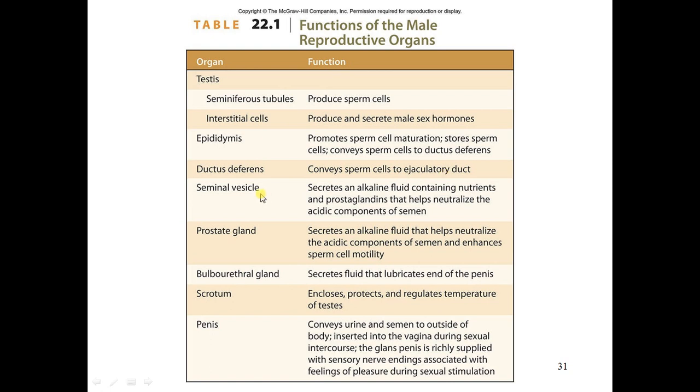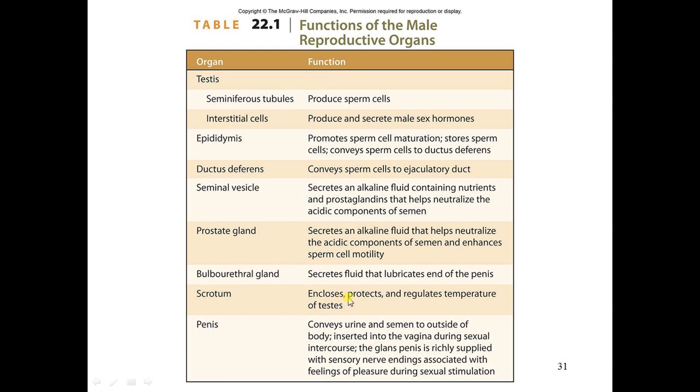Next, the seminal vesicle secretes an alkaline fluid containing nutrients and prostaglandins that helps neutralize the acidic component of the semen. The prostate gland secretes an alkaline fluid that helps neutralize the acidic components of semen and enhances sperm cell motility. The bulbourethral gland secretes a fluid that lubricates the end of the penis.